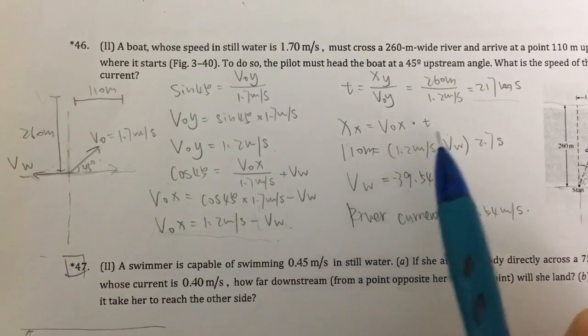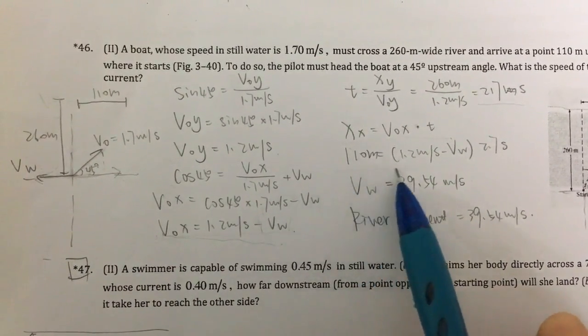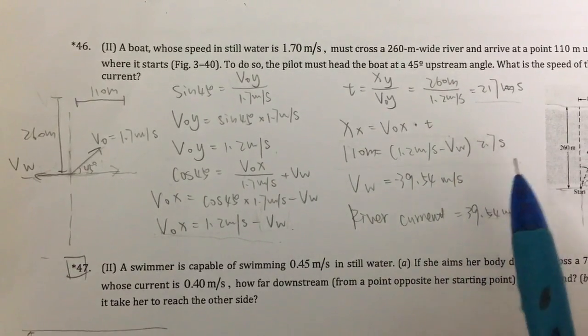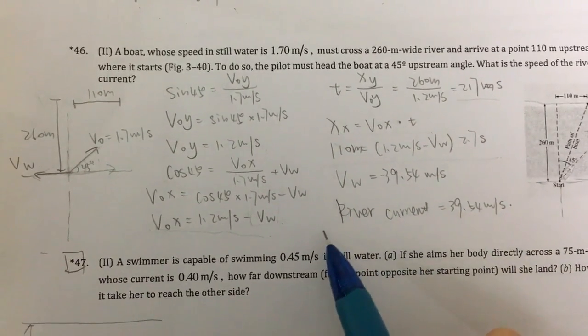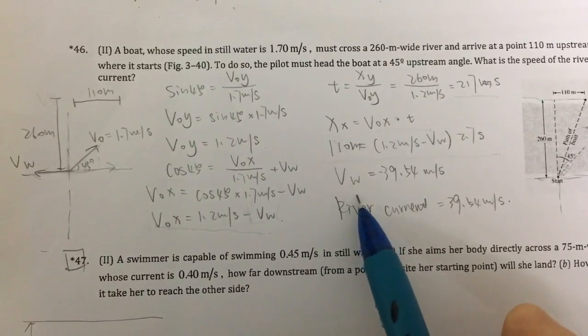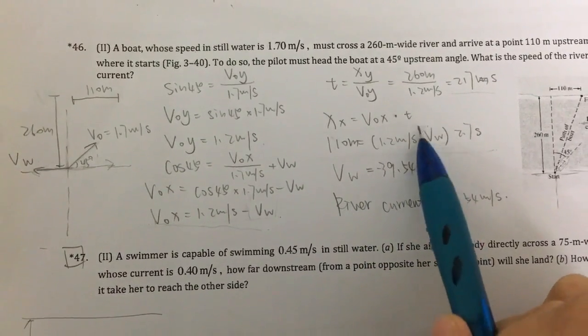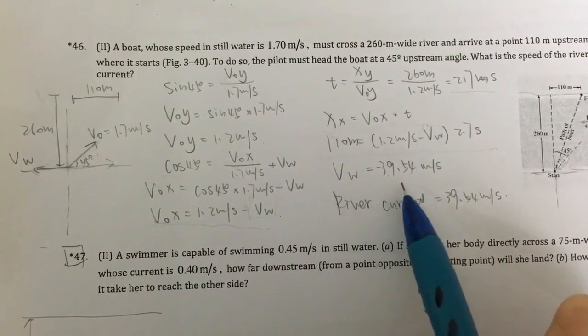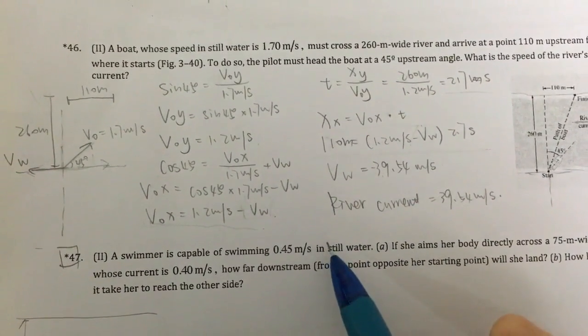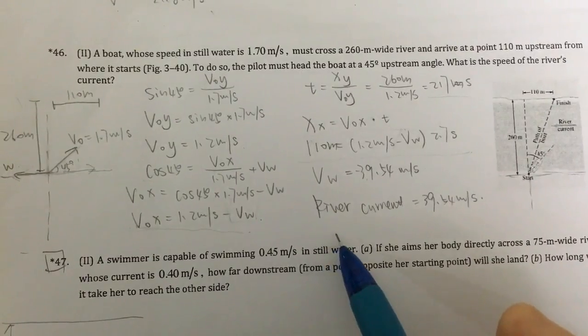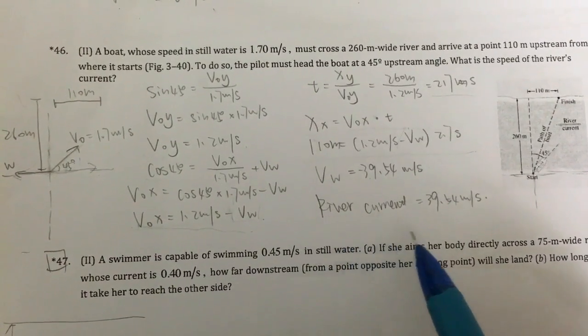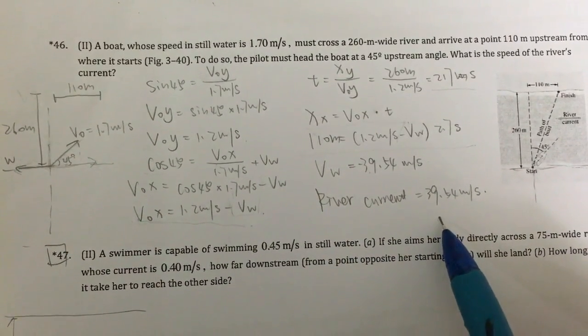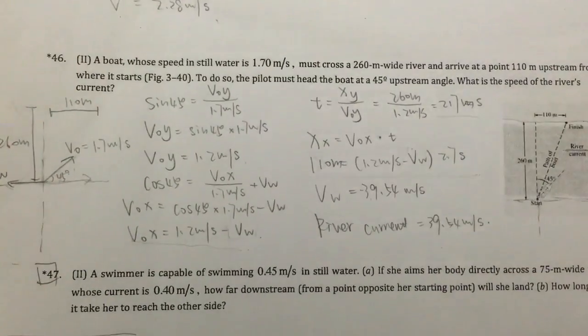So we can get this. And finally, we calculate the velocity of water, which is minus 39.45 meters per second. So the river current, which is the answer, is 39.54 meters per second.